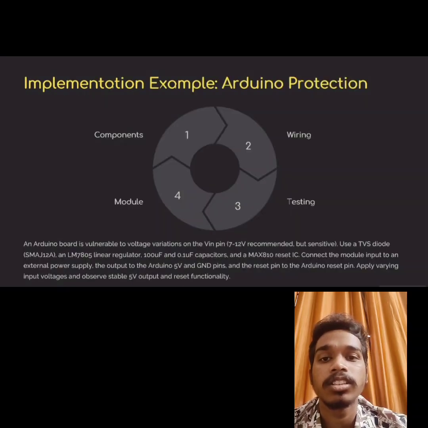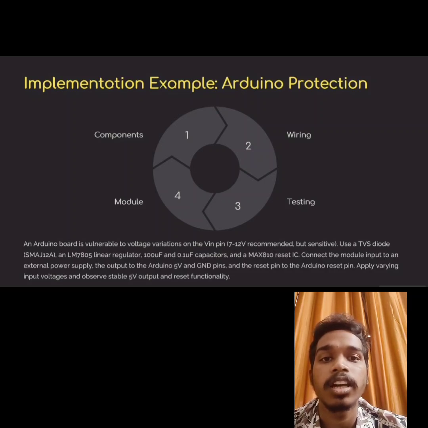So my seventh is implementation example, Arduino protection. First is components, second is module, third is wiring, and fourth is testing. An Arduino board is vulnerable to voltage variation on the Vin pin.